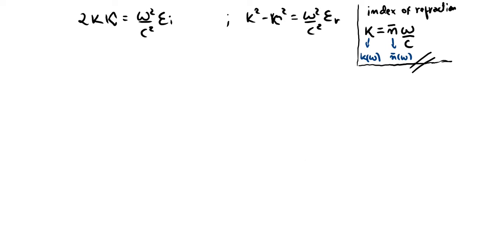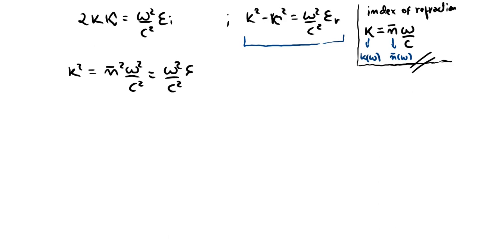So what I'm going to do now is take this equation here and rewrite everything in terms of the index of refraction, right? So it's going to be something like k squared, that I'm going to write now as n bar squared omega squared over c squared. And that should be something like this. And this other term here, I'm going to put on the other side, like kappa squared, right?